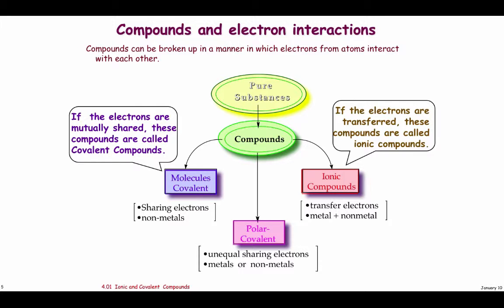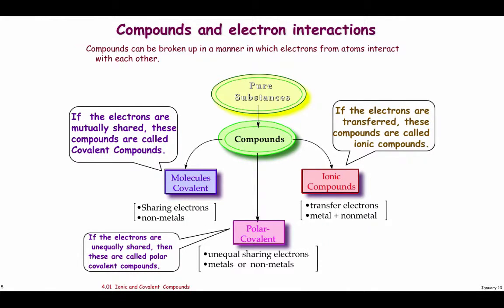And then when you have unequal sharing of electrons, where one element has a greater tendency to pull electrons than the other, these are called polar covalent because it's not a complete transfer. It's actually unequal sharing of the electrons. That might happen between, say, a carbon and an oxygen, where you have carbon monoxide, or say nitrogen and an oxygen, where you have nitrogen monoxide. So unequal sharing of electrons is called polar covalent.